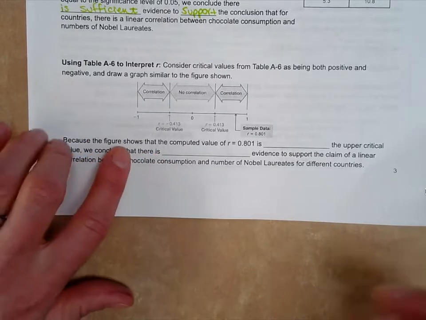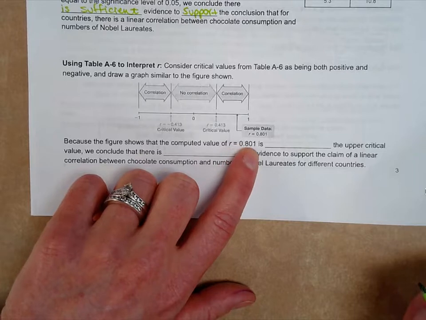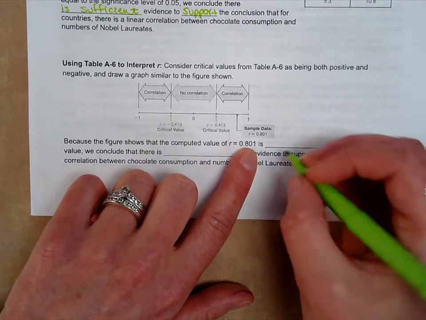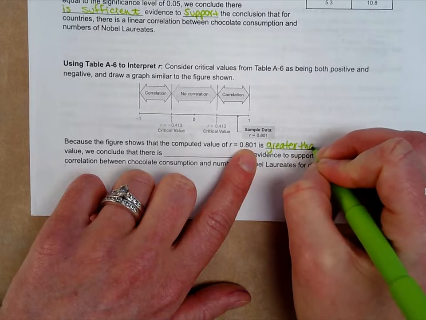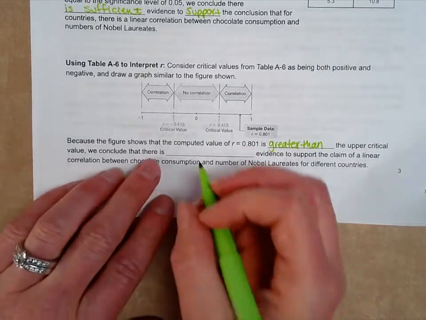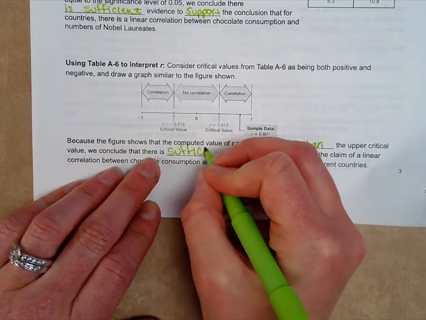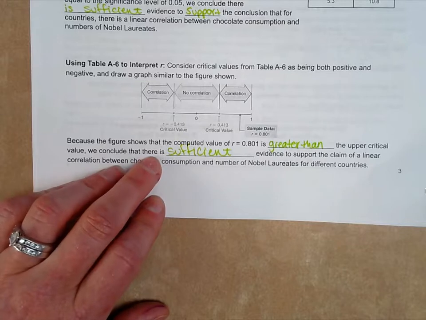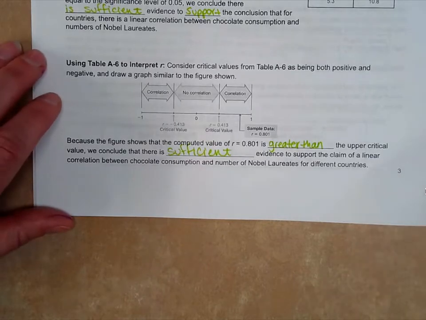So because the figure shows that the computed value R equals 0.801 is greater than the upper critical value, we conclude that there is sufficient evidence to support the claim of a linear correlation. So there's two ways to look at it: the p-value and then your critical value.